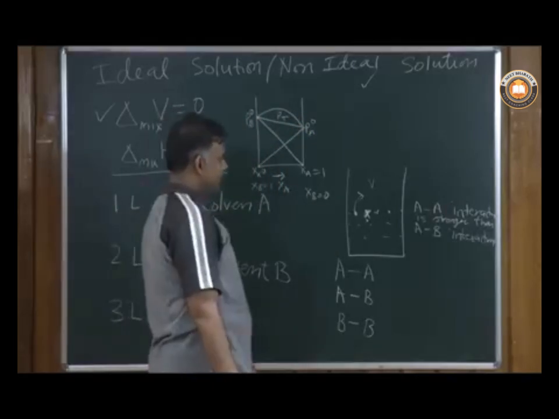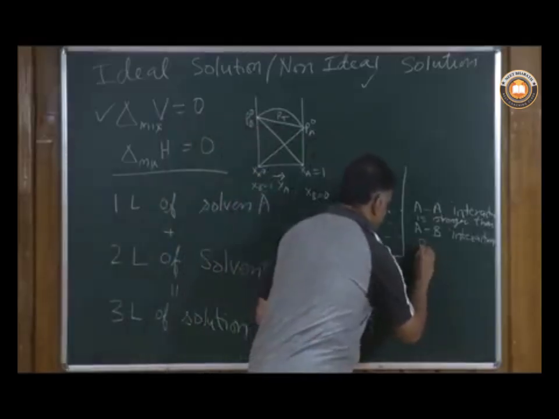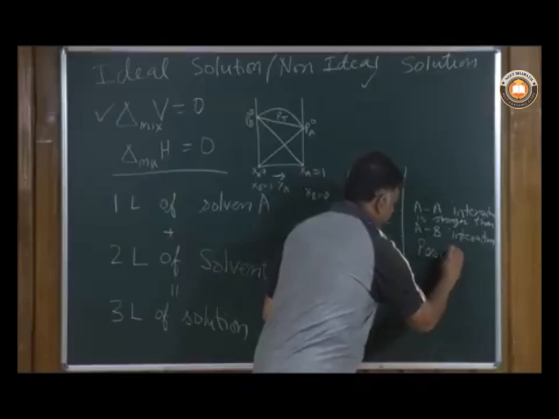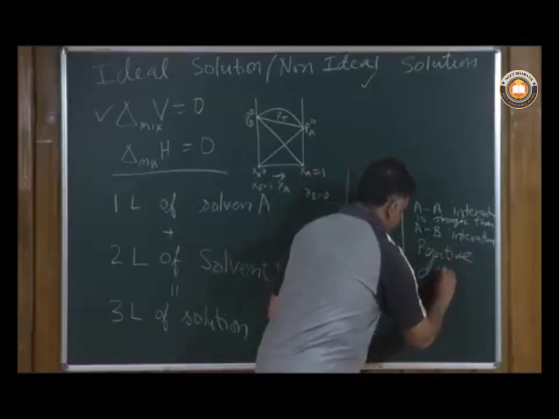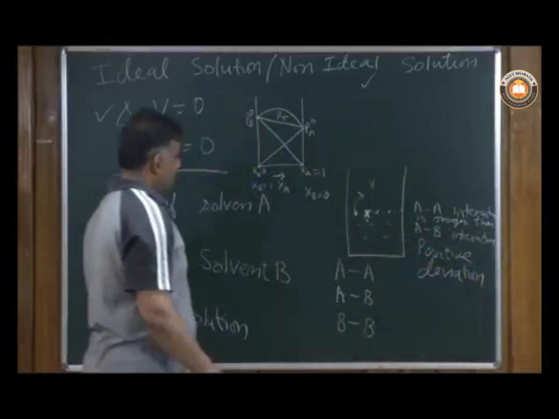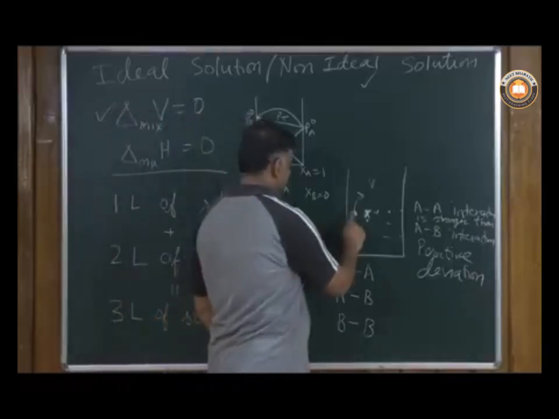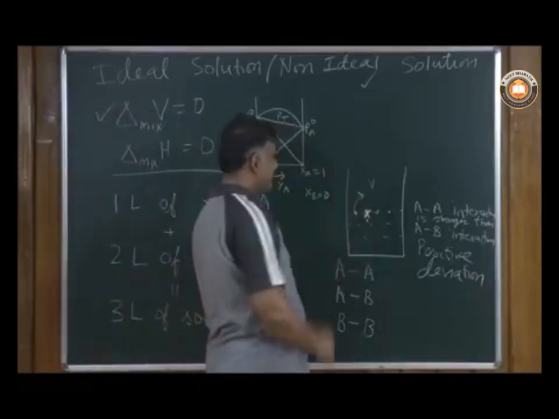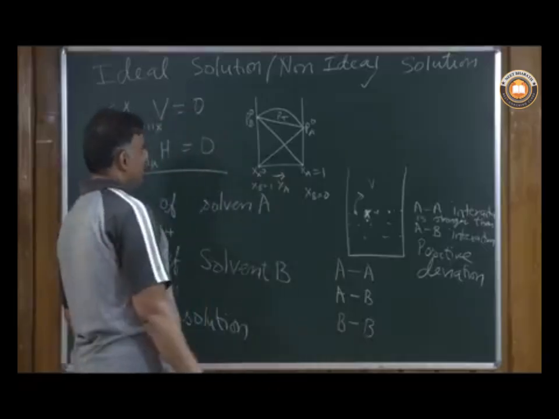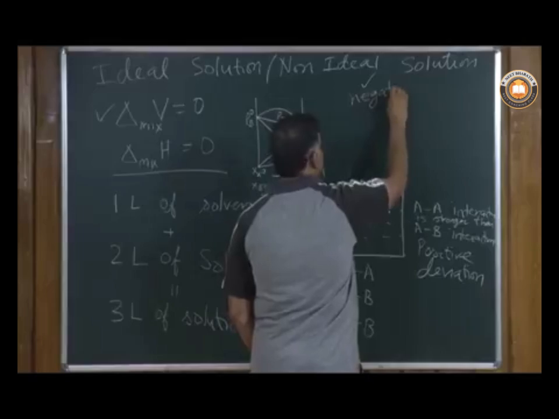So, if A A interaction is stronger than A B interaction, then we have positive deviation. Okay. And the other way around, if A A interaction is weaker than A B interaction, then we have negative deviation.